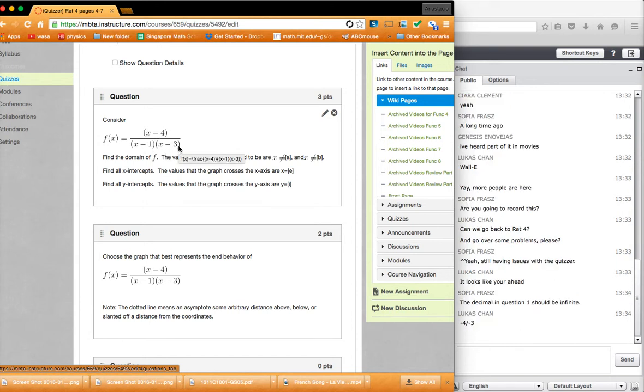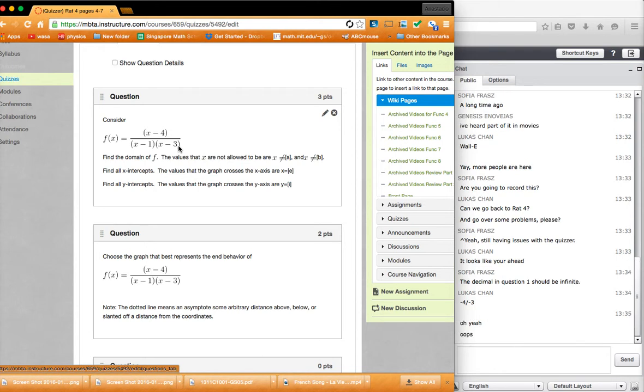That would be negative 4 over positive 3, giving you negative 4/3. You can put in negative 4/3, negative 1.333, or negative 1.333333. You can put in all of that kind of stuff.